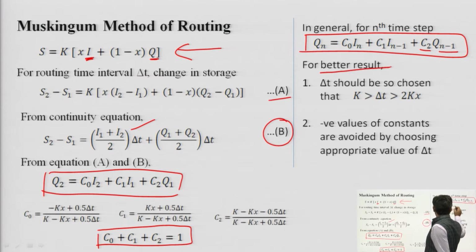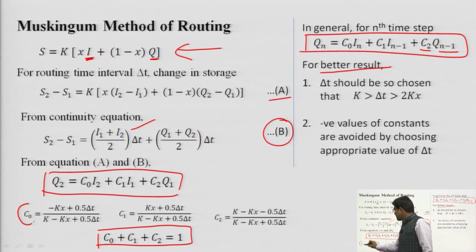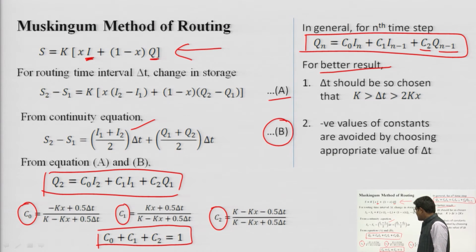And for a better result, look here: C naught, C1 and C2 are dependent upon K, X and delta T.